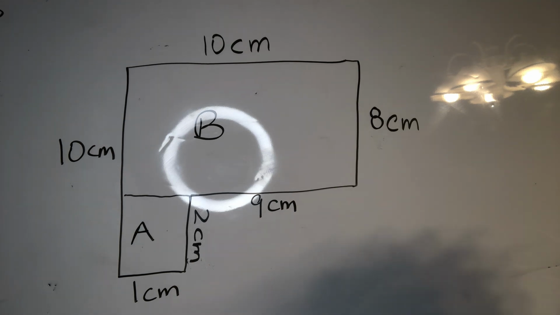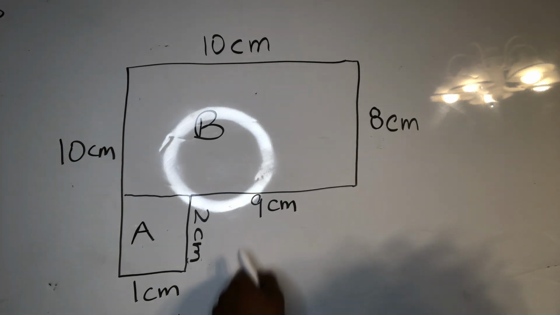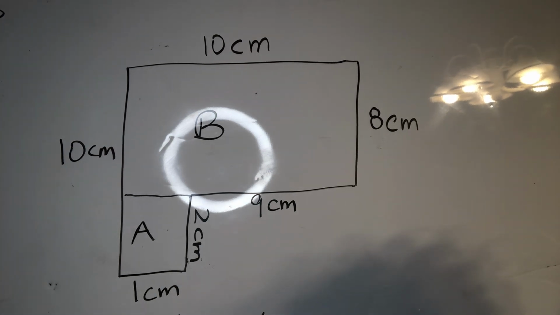So we can go ahead and put this one into our formula. We're going to put A equals L times W. Then we're going to put A equals, our length is 2, so we're going to put 2 times, our width is 1.